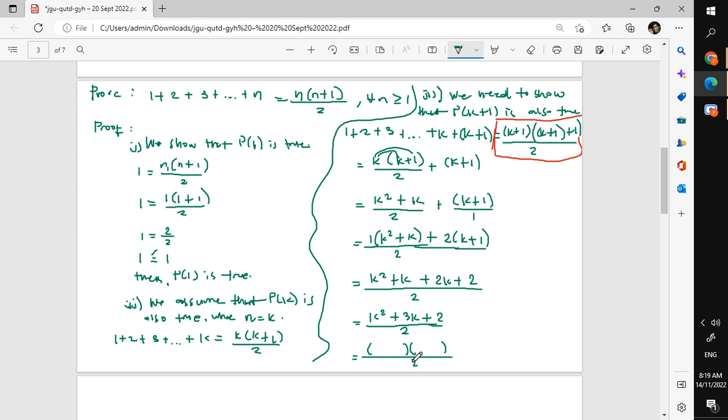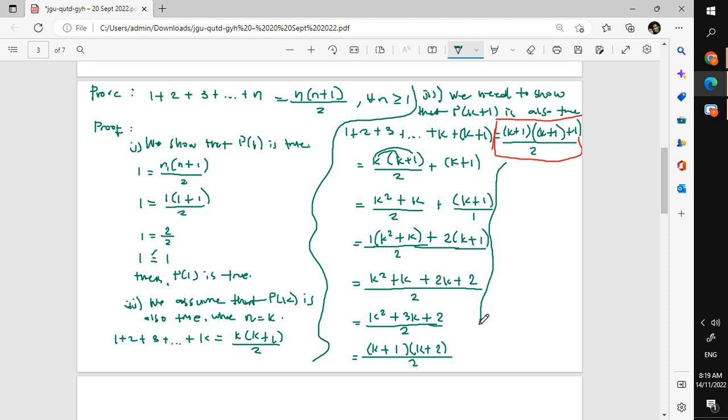Copy the denominator, which is 2. The factors of k squared are just k and k, because k times k is k squared. The operation we will use here is positive, since the operation in the second term is positive. The factors of 2 are just 1 and 2, because 1 times 2 is positive 2. We can stop here, but our aim is this face.